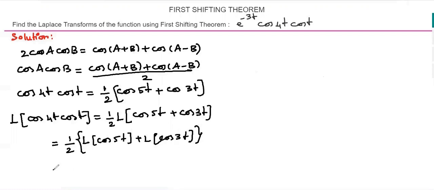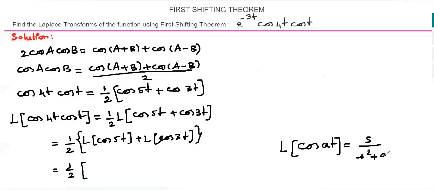So here, half is there. What is L of cos 5t? You know the formula for cos. When you are having cos at, what is the formula? Yes, Laplace of cos at is s over s square plus a square.